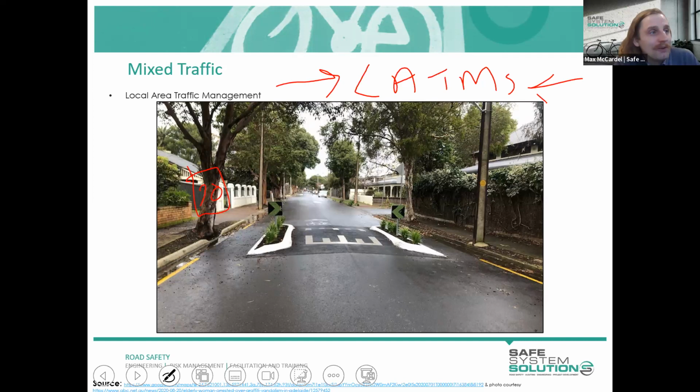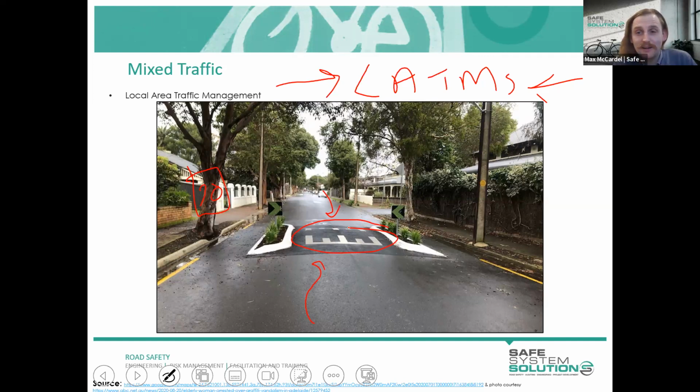Here's an example of a one-way slow point, or just a speed hump or a speed cushion, or whatever you'd like to call it. It only lets one traffic direction at a time pass, so you have to pause and wait. So that's obviously going to slow down vehicles. The fact that this is actually a vertical device, like a hump, means it's going to slow down motorists.